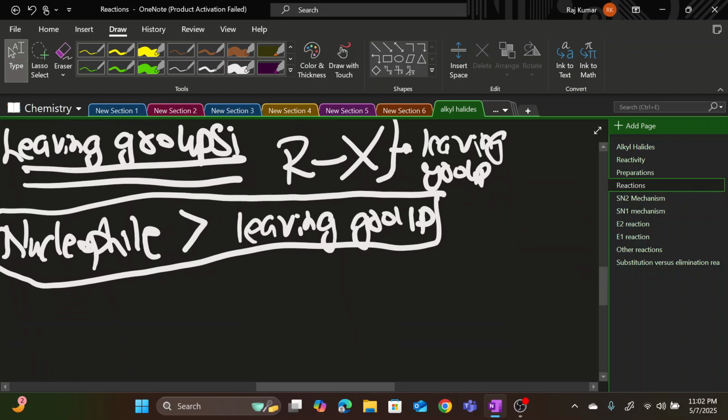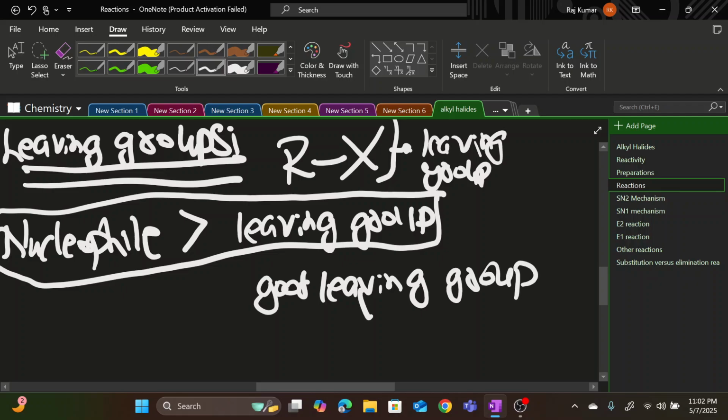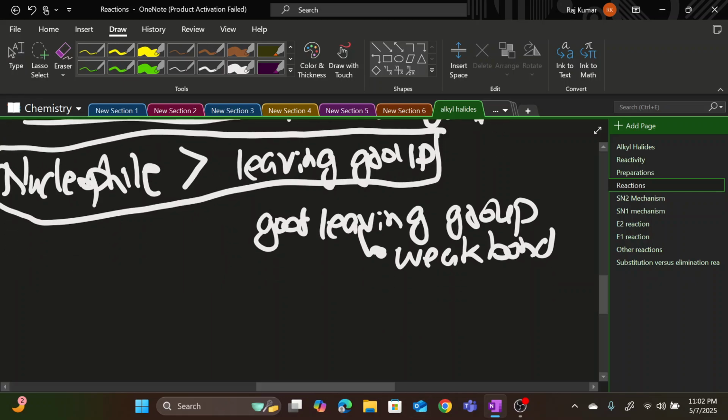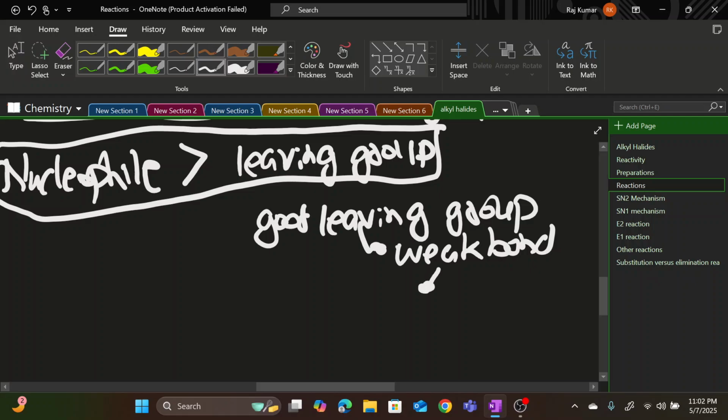Now there are some leaving groups which are bad and some which are good. Good leaving groups are those which form a weak bond with carbon.